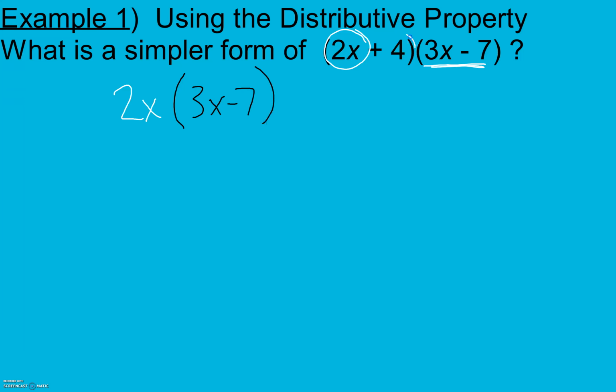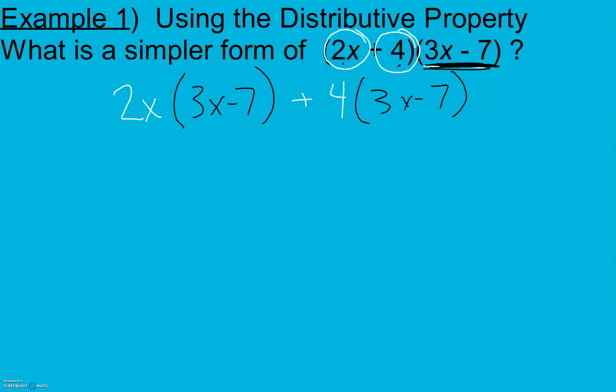Then I'm going to take the second term of my first binomial and multiply it by my second binomial. So I took 3x minus 7 times 2x, and I took 3x minus 7 times the 4.